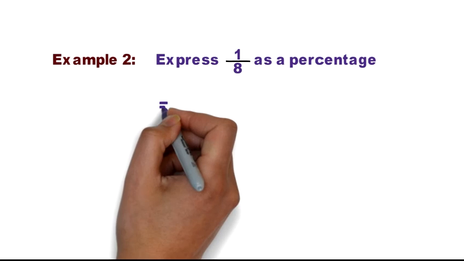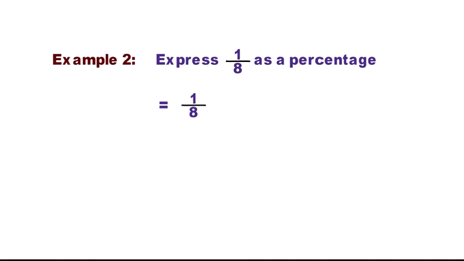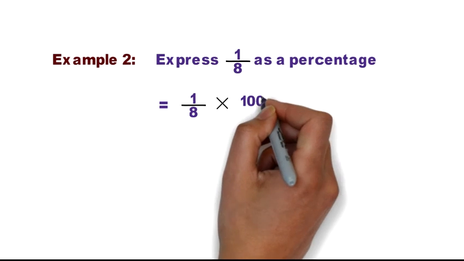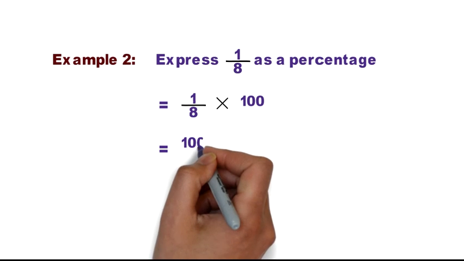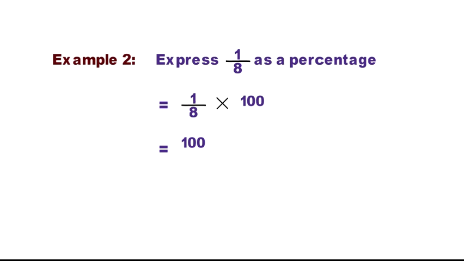So, this is equal to 1/8 times 100. Next, we will multiply the numerators, and then divide by the denominator. This gives us 1 times 100 is equal to 100, divided by the denominator, which is 8.